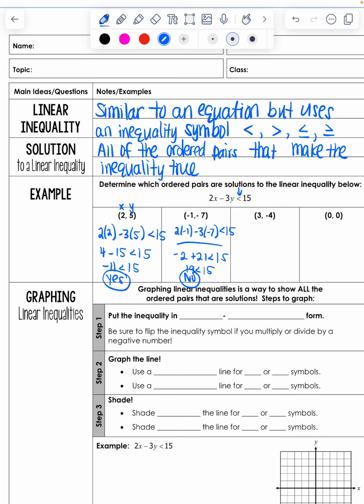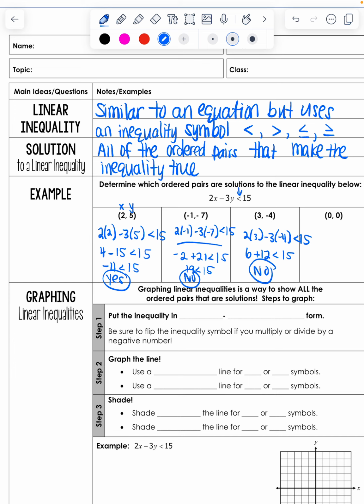So I'm sure you kind of get the hang of this at this point. Replacing this in 2 times 3 minus 3 times negative 4. Is this less than 15? Well, this is 6. This is 12. 6 plus 12 is 18. 18 is not less than 15, so no.